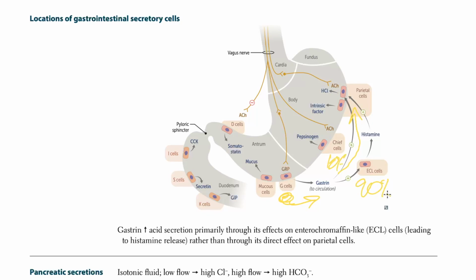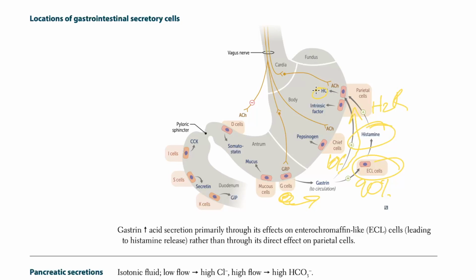The 90% goes and stimulates the ECL cells, the enterochromaffin-like cells, which release histamine. That histamine works on the H2 receptor and stimulates the parietal cells. That's one route of secreting HCl.